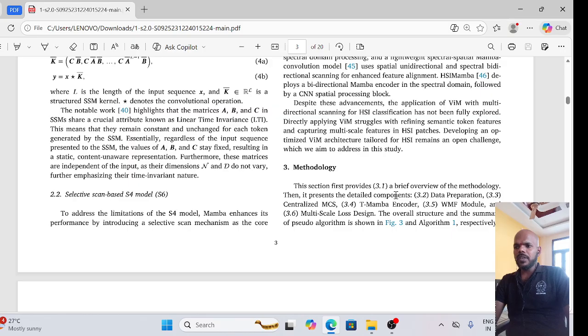Next 3.2 data preparation, next 3.3 centralized MCS, Mamba encoder, WMF module. So in the methodology section they present everything regarding the proposed model, what type of methodology they are going to use in this paper or this experimentation.